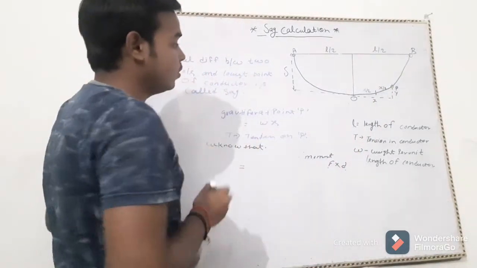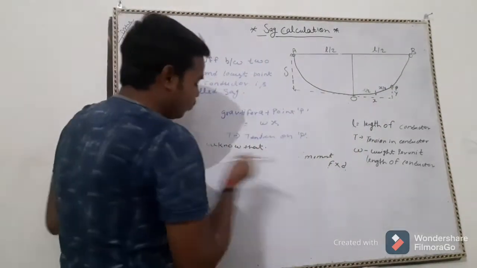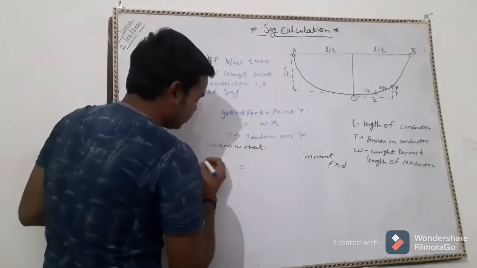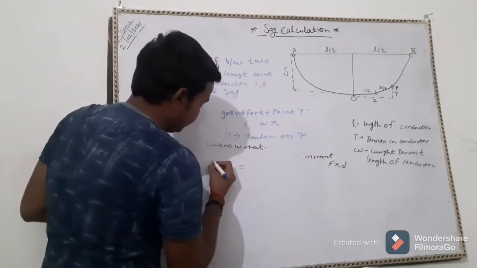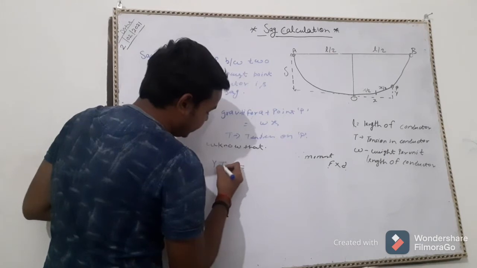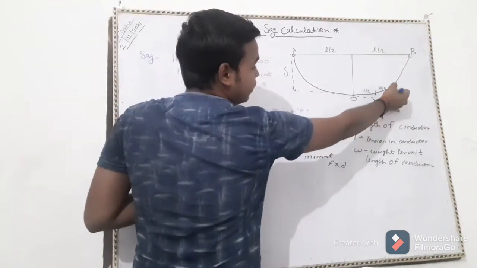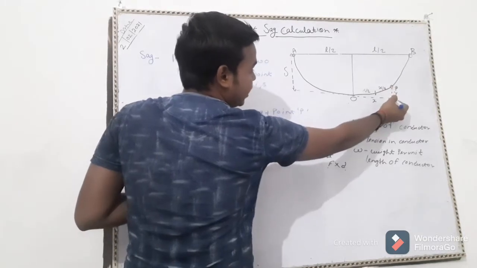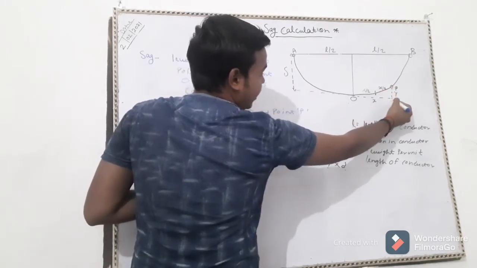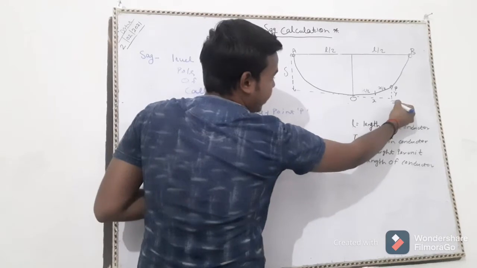Now we know that moment at point P is y into T. What is y? Y is distance between P and this point, you can assume Z point.